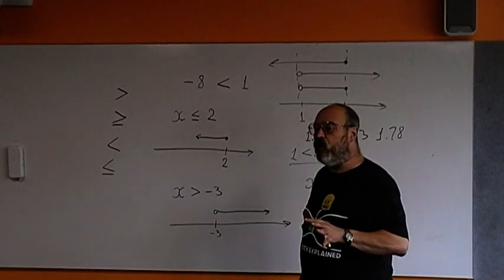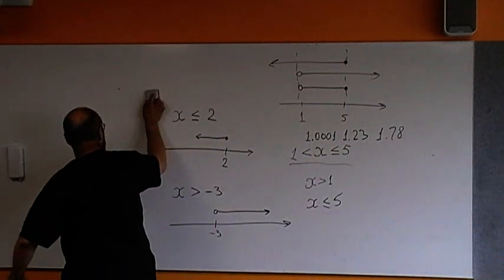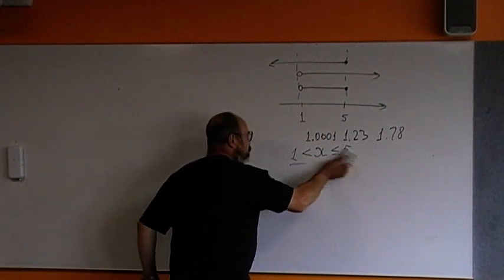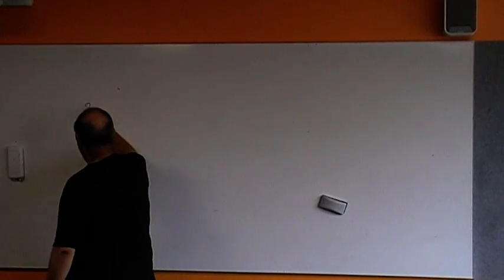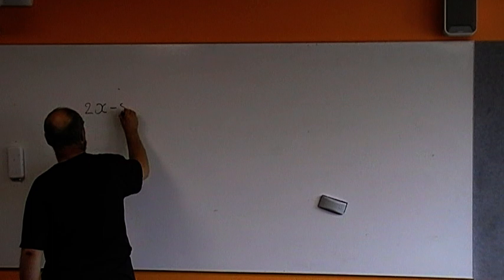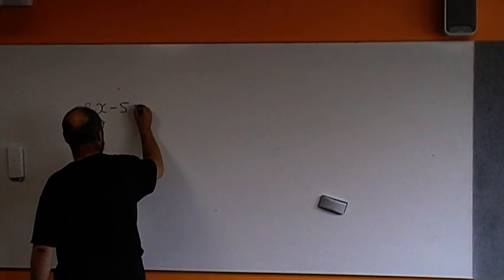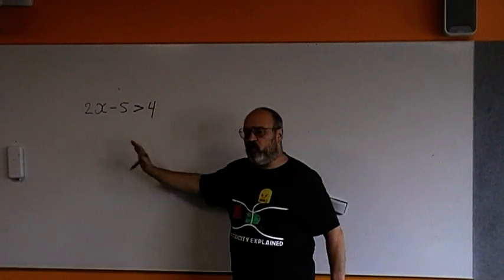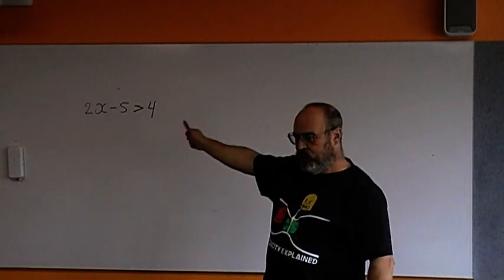Now, how do we solve inequalities? For example, we have the next inequality: 2x minus 5 is greater than 4. If we need to solve such an inequality, I'd like you to pay attention.